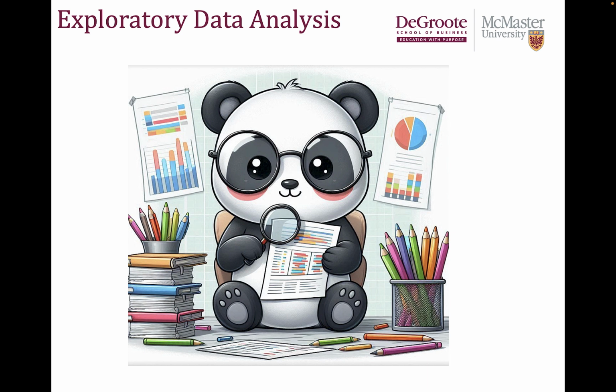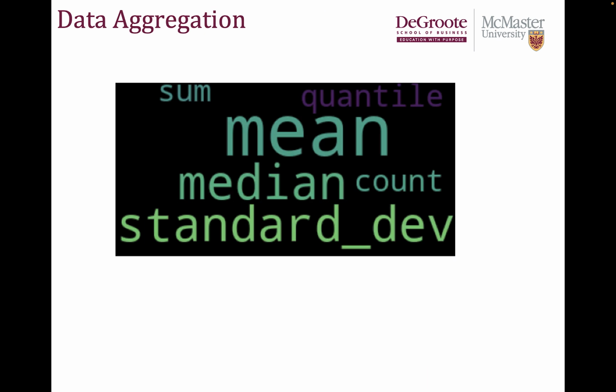So in order to do some exploratory data analysis, which is to find out what's happening in your data, one important thing is to make use of a technique called data aggregation. Usually for any data set we have, there are many records in that data set.